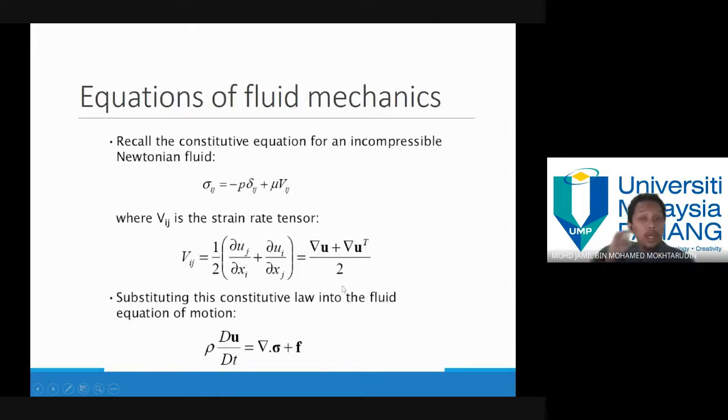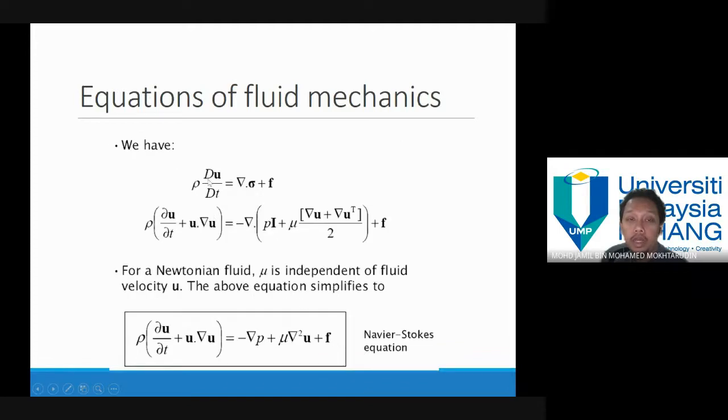Okay, so let's look at the equations of fluid mechanics. This is the equation that I explained just now, the constitutive equation for incompressible Newtonian fluid. And this is the strain rate tensor. If we substitute this strain rate tensor into the constitutive equation, we get the fluid equation of motion.